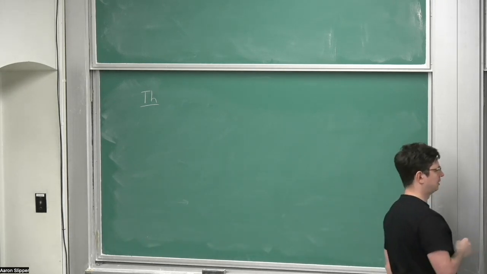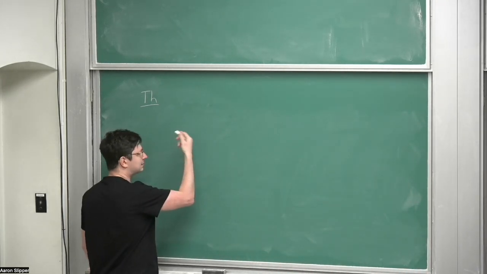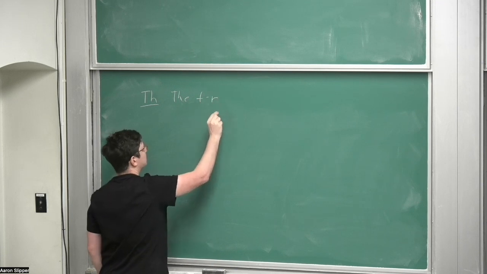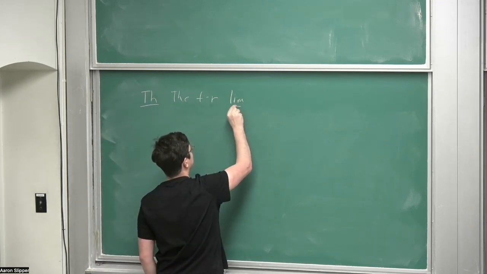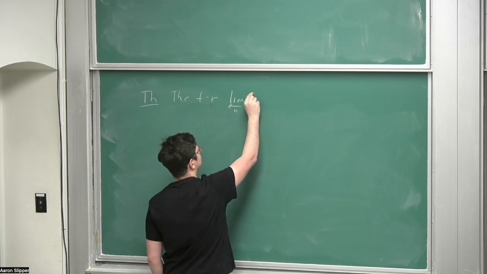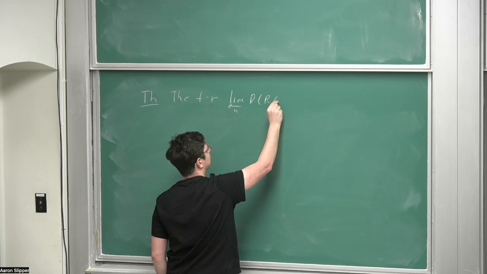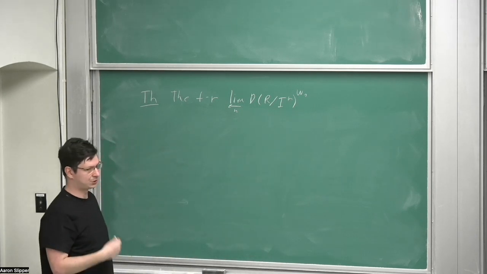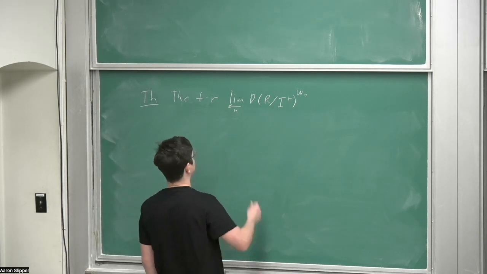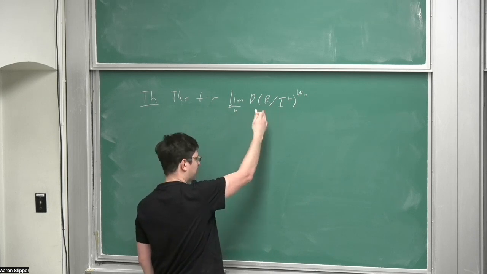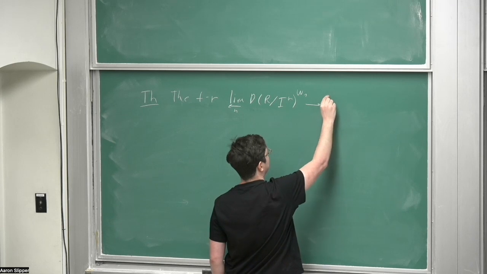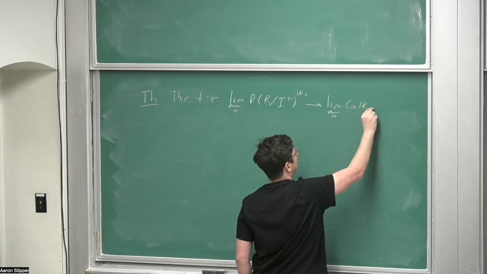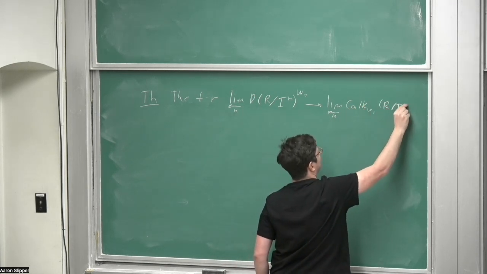In this particular situation, and it's actually quite a difficult statement, the functor from the naive inverse limit, the usual inverse limit, of the countable derived categories of R mod I to the n, I'm just taking compact objects, to the inverse limit of countable Clausen categories of the same rings R mod I to the n.